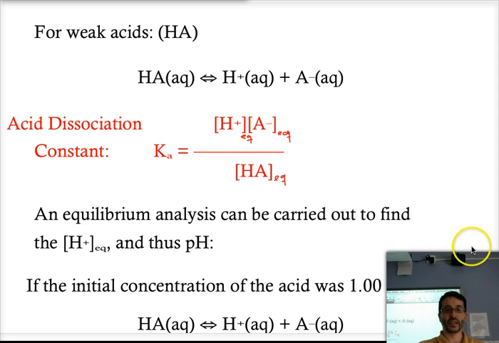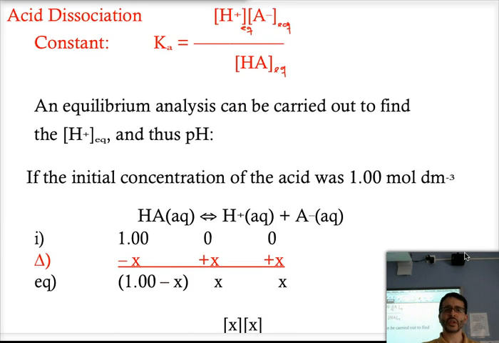All right. Now, if we, like normally, do an equilibrium analysis using the equation, initial, change, and then equilibrium concentrations, we should be able to calculate the concentration of the H plus, the hydrogen ion, at equilibrium, and therefore the pH of a solution.